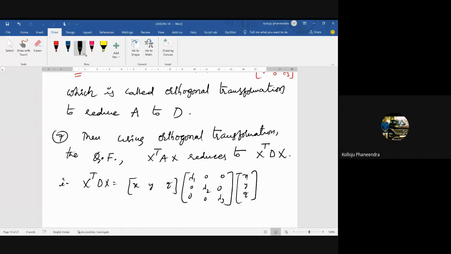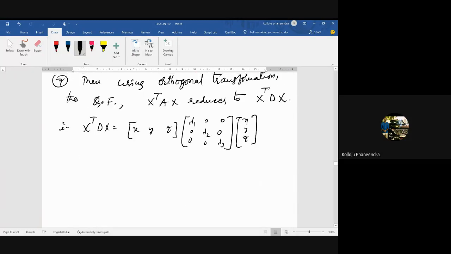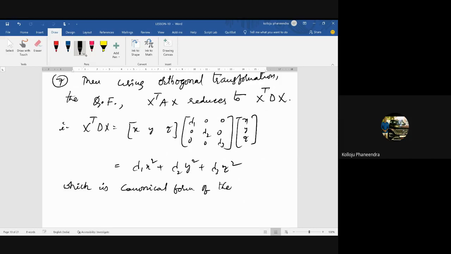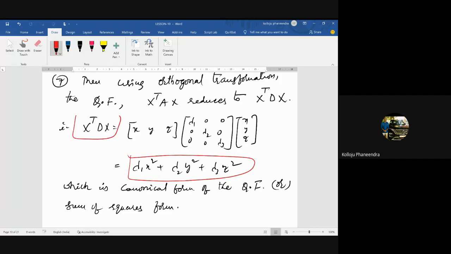Capital X is a column, X transpose is a row. So this equals lambda 1 x square plus lambda 2 y square plus lambda 3 z square, which is called the canonical form of the quadratic form, or sum of squares form. Done. This is the final answer. This X transpose DX is the canonical form. This is the procedure.